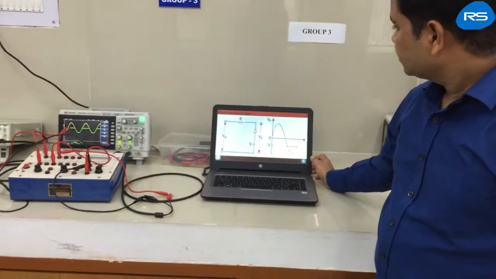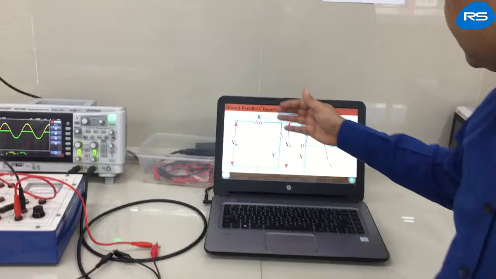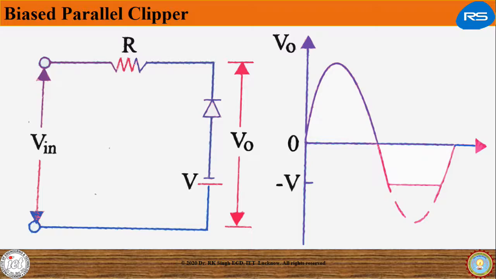We have another combination of resistance, diode and DC bias to make a parallel clipper circuit. Here you can observe the polarities of the DC bias and the PN junction diode. In this circuit, when Vin, that is input AC supply voltage, is less than this bias voltage, the diode remains in off condition and we get output like this.